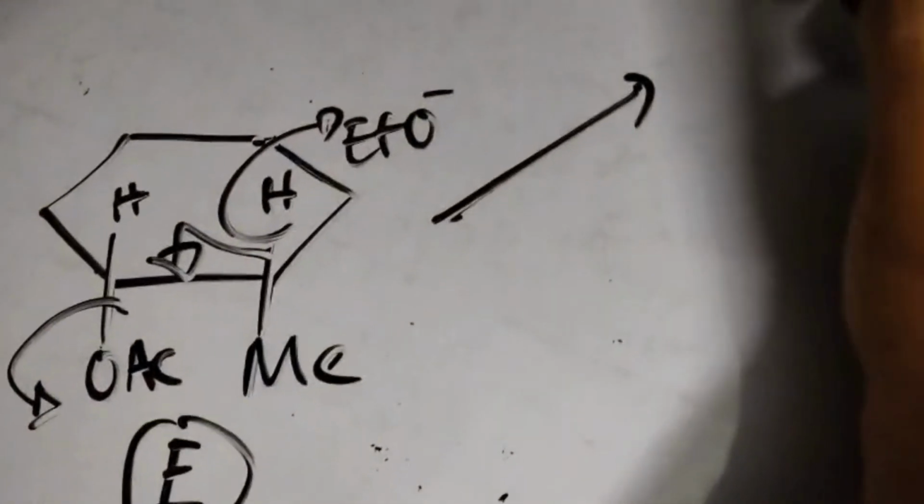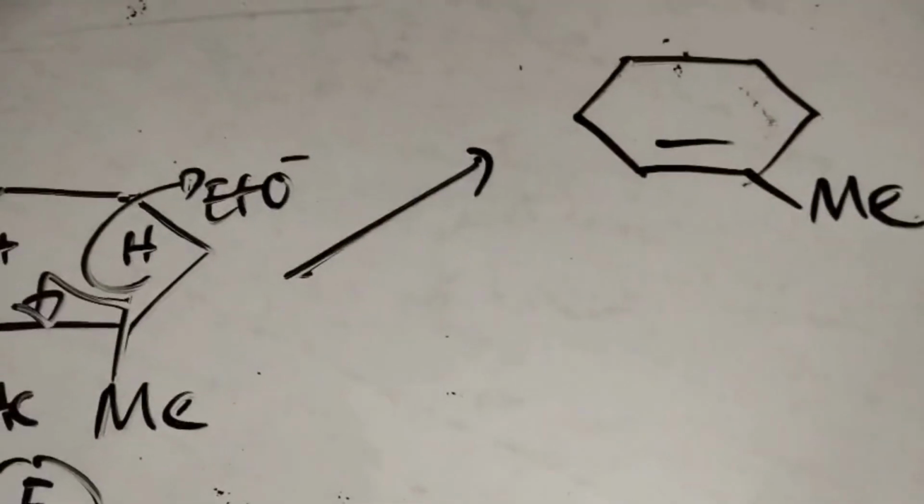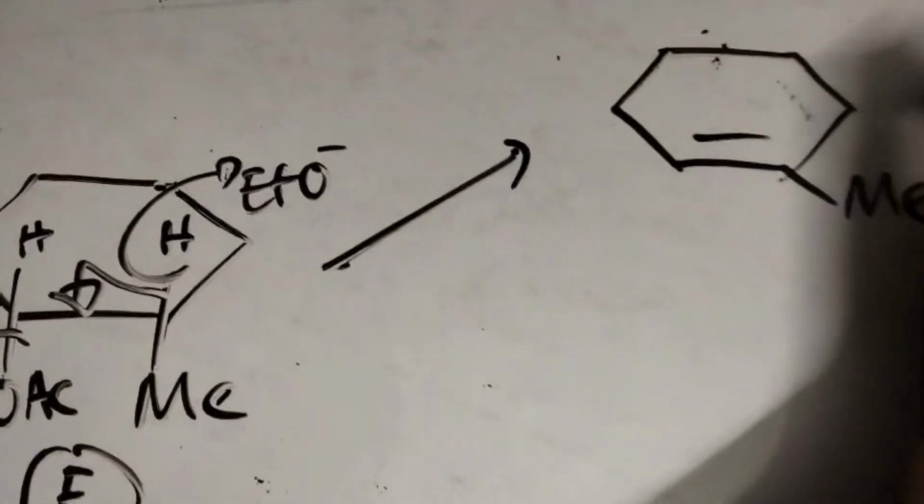So this is what we get as our product F. This is our major product, and this is our only product if we want to see. So this is F.